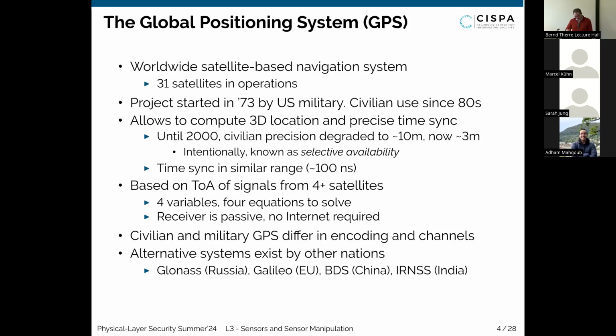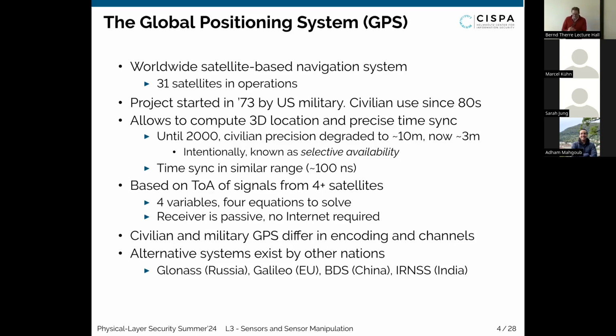So what is GPS in general? Just a little bit of broader introduction here, because it's actually a very cool system and not everyone really knows too much about it. First of all, my pet peeve is that the thing that is sitting in your car is not GPS. Many people call this a GPS. It's a GPS receiver. And GPS itself is the global positioning system.